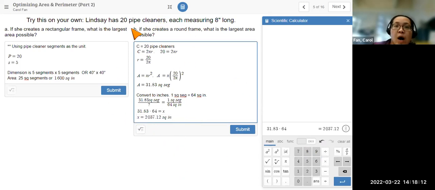And so our circle is producing a larger area than our square. But we've used the same materials and we have exactly the same perimeter, just a different shape and a different area.